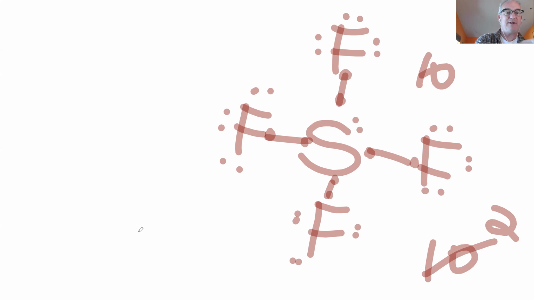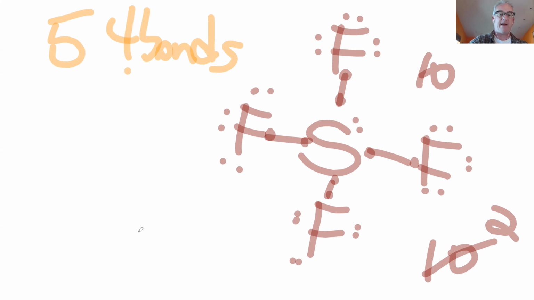Yeah, so we have 5 regions. Excellent. So we have 4 bonds, and we have 1 lone pair. That's 5 regions of electron density. So if you have 5 regions of electron density, what hybridization is that? sp3d.